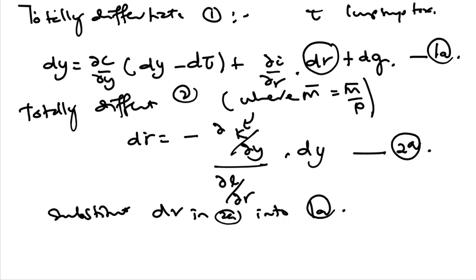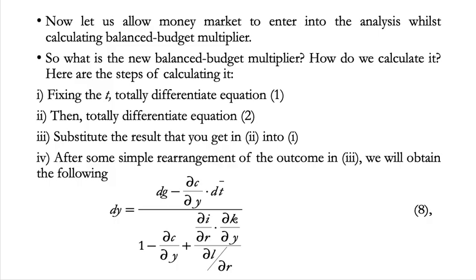Now after that, what you need to do is you rearrange it until you get expression 8. Look here, until you get expression 8, and this expression 8 is not a balanced budget multiplier, because we haven't done another assumption here, so we need to have another assumption.